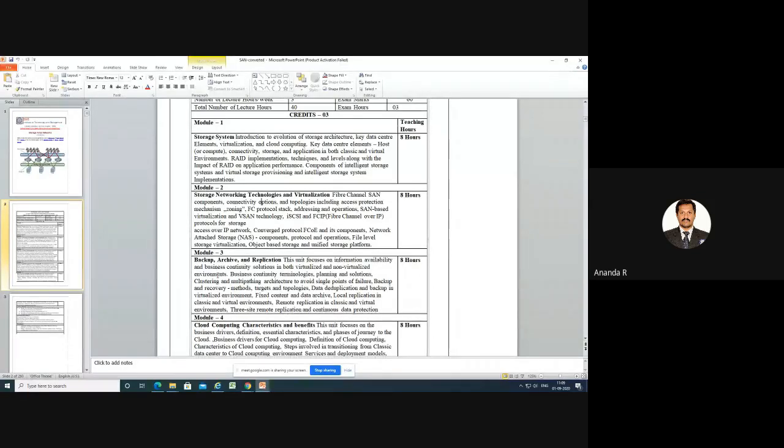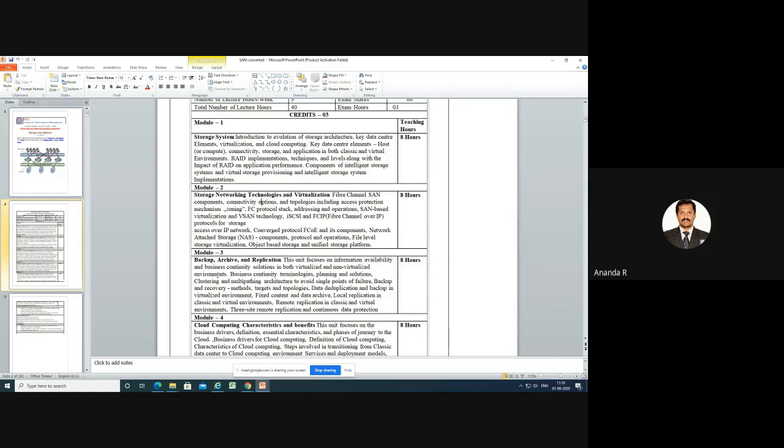In the virtualized environment, how is the information available, and in the non-virtualized environment, how is the information available? We are mainly focused on the data and the information in these two environments. In module number three, we are talking about how we take a backup of the data.